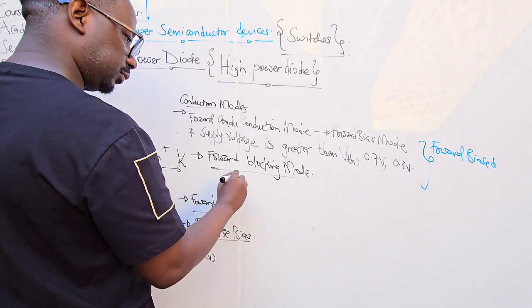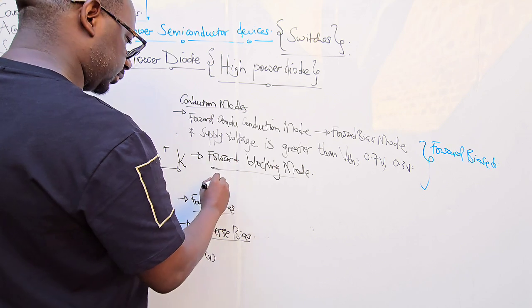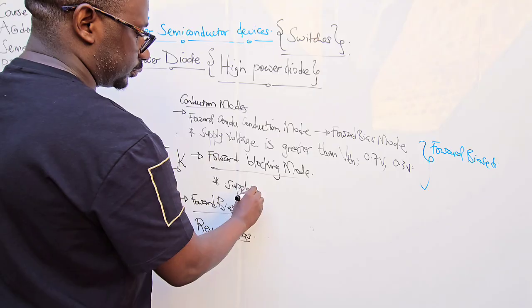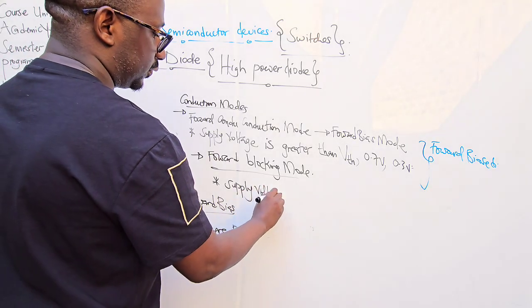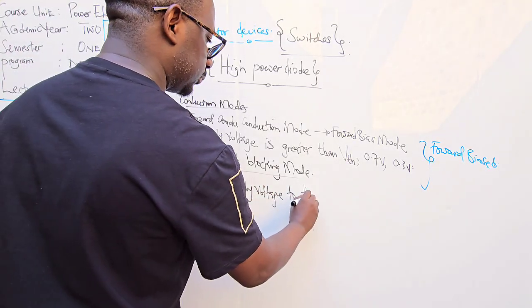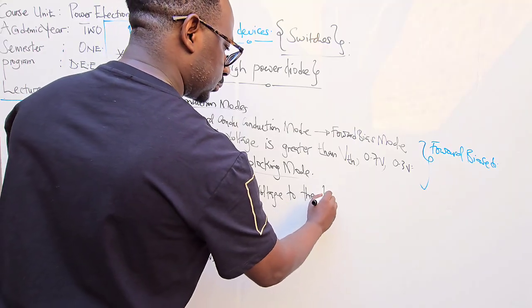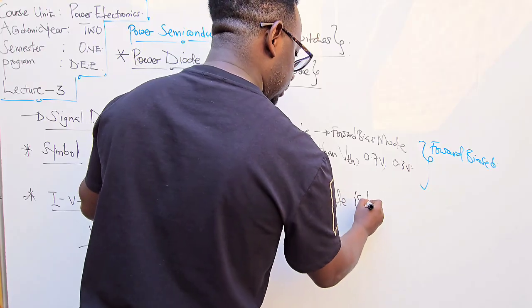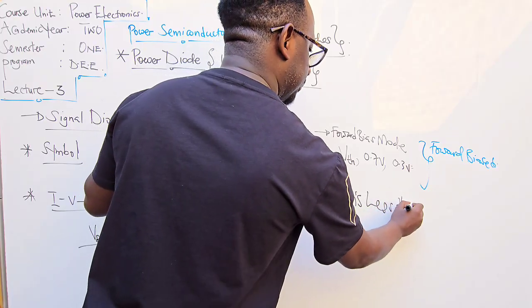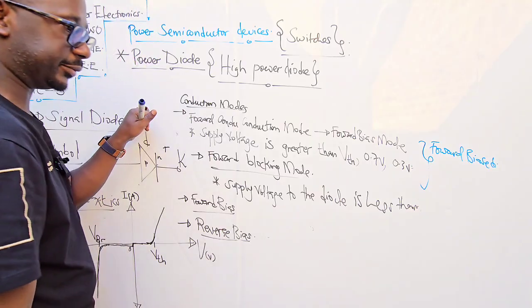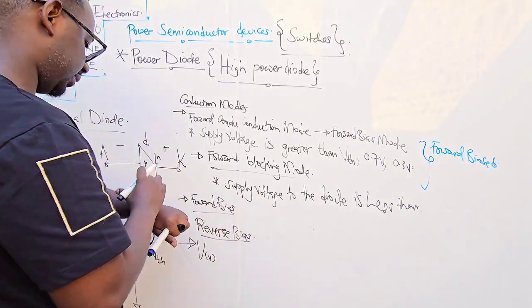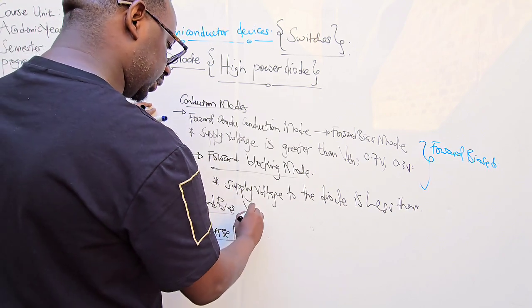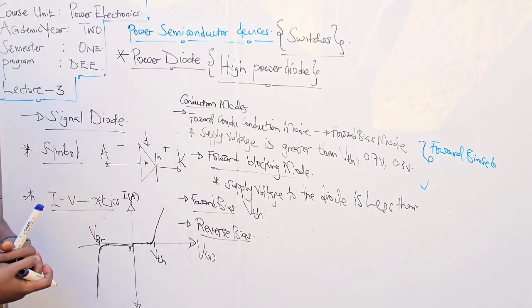So this is when the supply voltage to the diode is less than VTH, the forward threshold voltage.